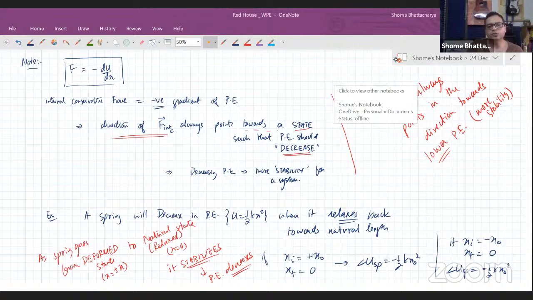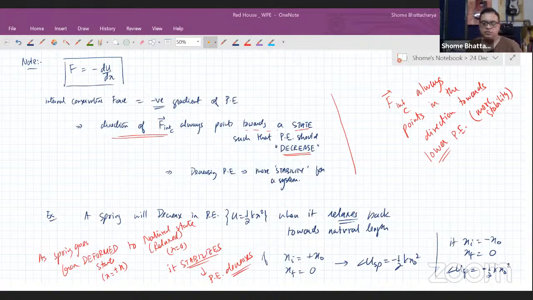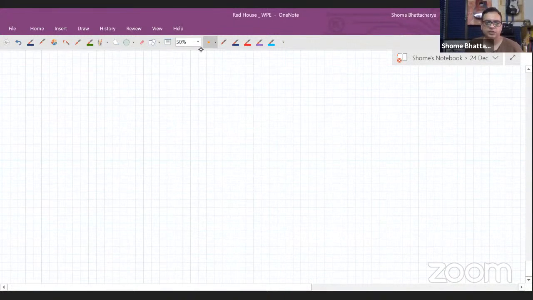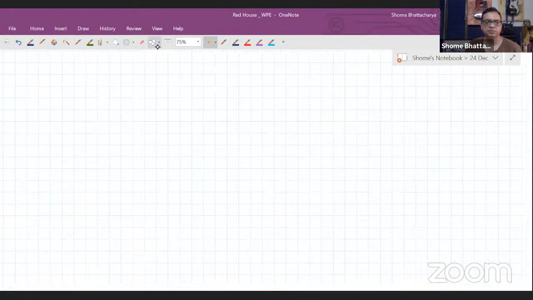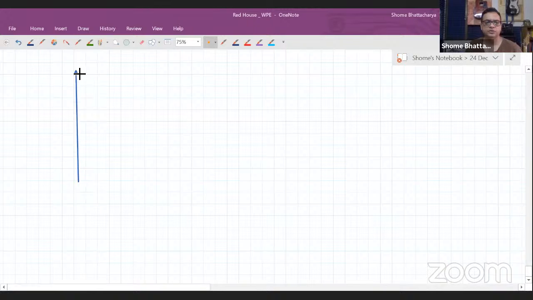Okay. So let's also understand this from a point of view like this: suppose we are looking at the potential energy versus the x coordinate as a graph in some kind of a 1D system.